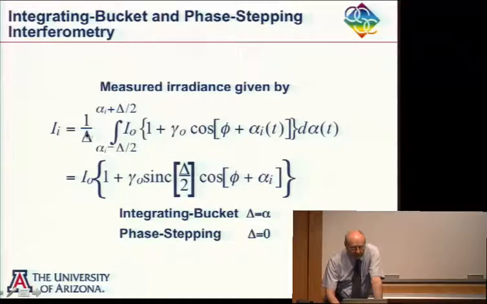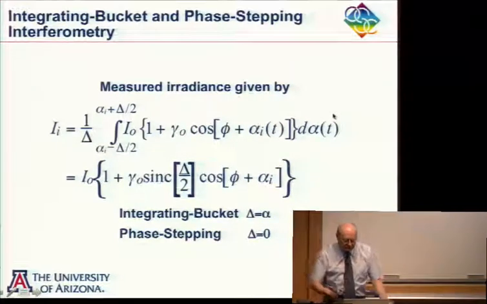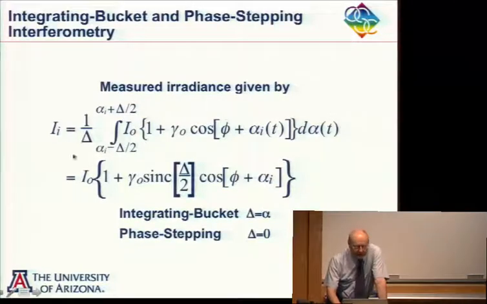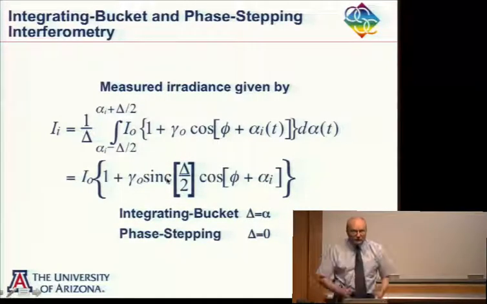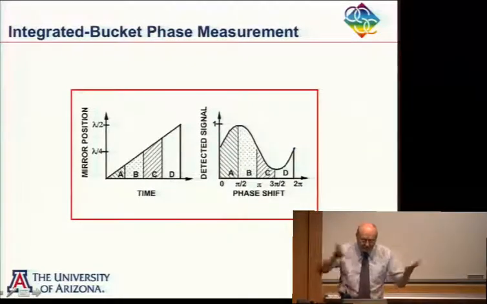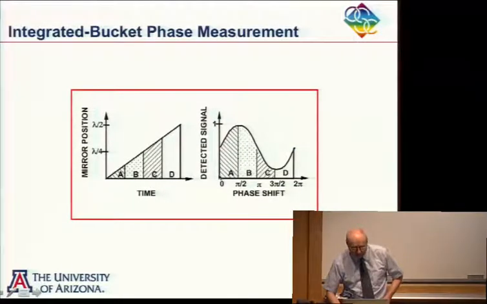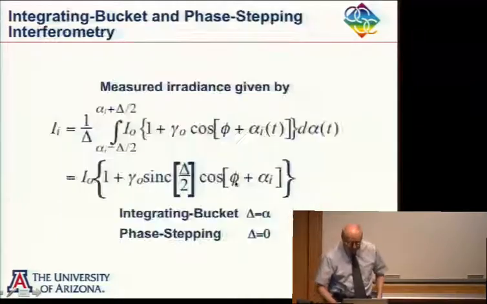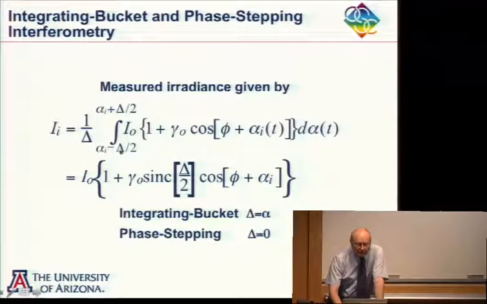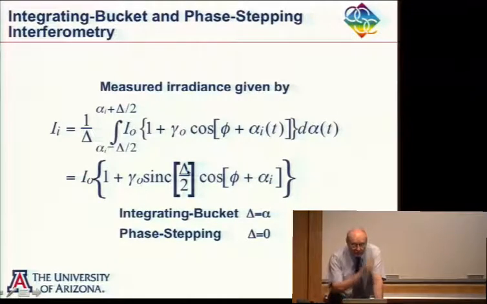If I go through this integral, which I assume everyone's going to go back to their office and do, what I end up with is sinusoidal fringes like I want, but the contrast is reduced a little bit, which makes sense because I'm integrating as the phase difference between the two beams changes by a little bit. So it makes sense that the fringe contrast is going to be reduced a little bit.